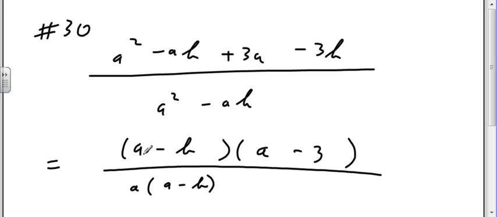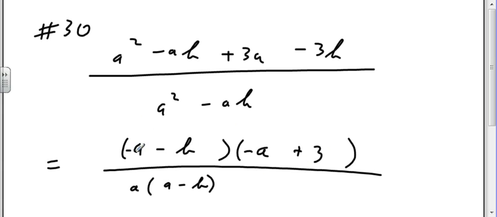Alright, now I've got an A squared. I've got a minus 3A. This guy's positive. Okay, if I make both of these guys negative, that makes him positive, and then I make my 3 a positive.